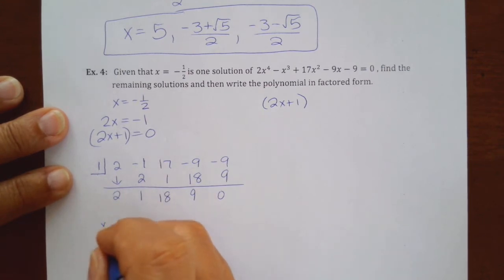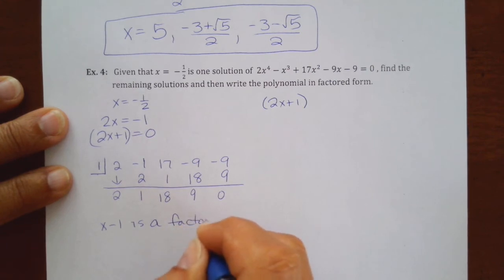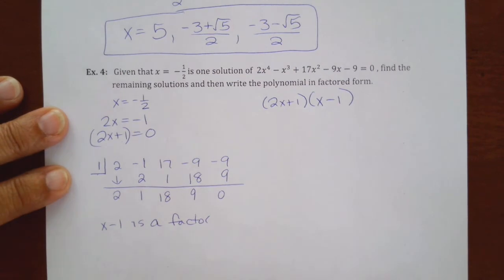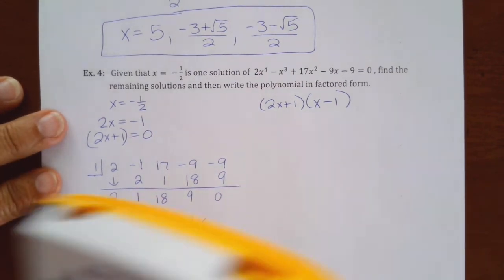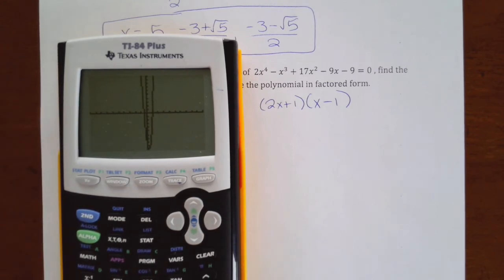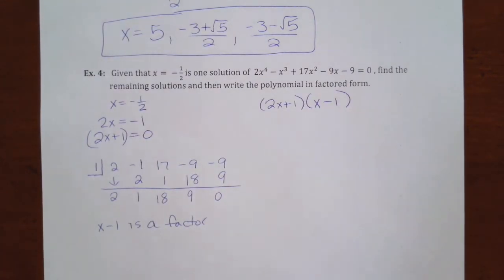Okay, so x minus 1 is a factor. So now I know this. Okay. All right. And according to this, that is all that I had, right? So that means there's two other factors floating around over here that are not real numbers, but I still need to factor this down a little bit.